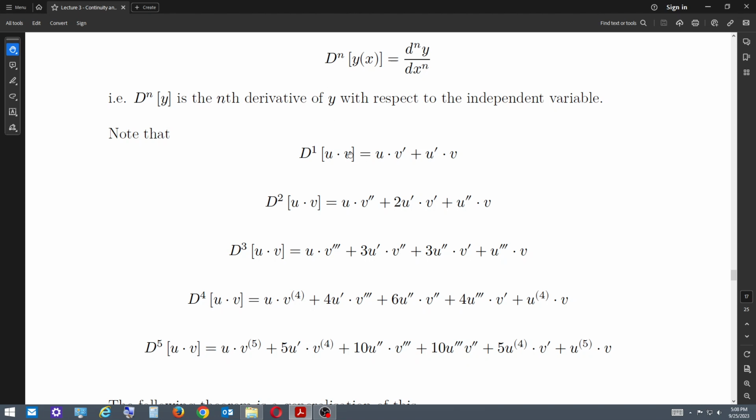If I wanted the first derivative, I could simply use the product rule. If I wanted the second derivative, I take the first derivative and differentiate again. After you simplify, you would get something of this form, and we can continue doing that.